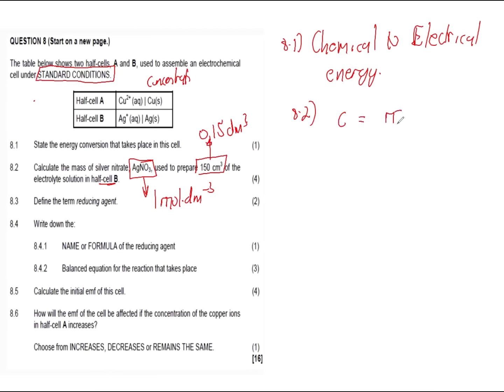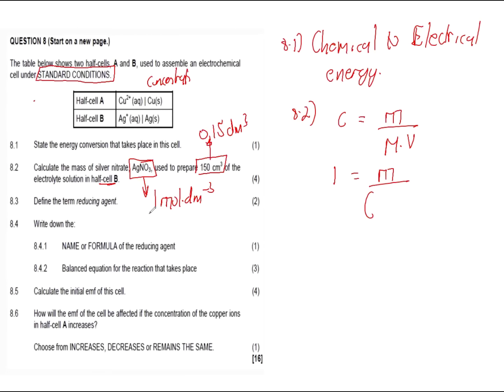Now to calculate the mass, we can pull up the formula. C is equal to mass over molar mass times volume, right? Now what is our concentration? Our concentration is 1, and then M is the mass that we are looking for. The molar mass is AgNO3, right?